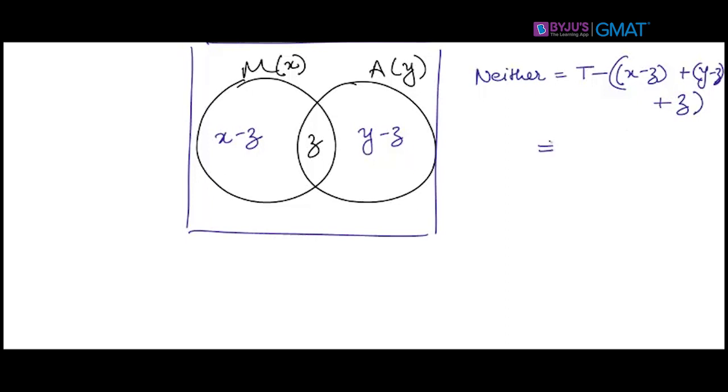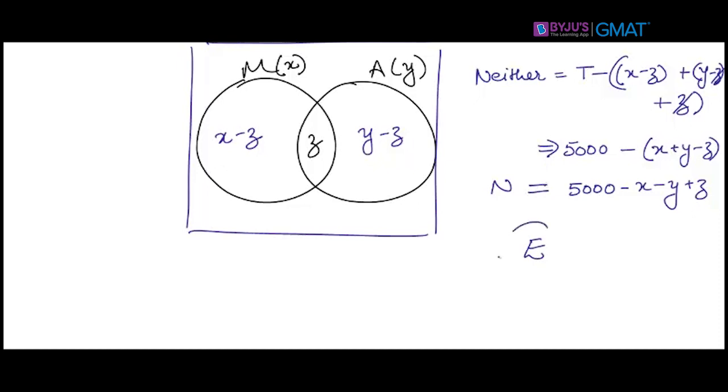If I simplify this, you will end up getting total is 5,000 minus, 1Z and 1Z cancels out, so X plus Y minus Z, or further 5,000 minus X minus Y plus Z. That's the number of people who chose neither art nor music, which is again option E.